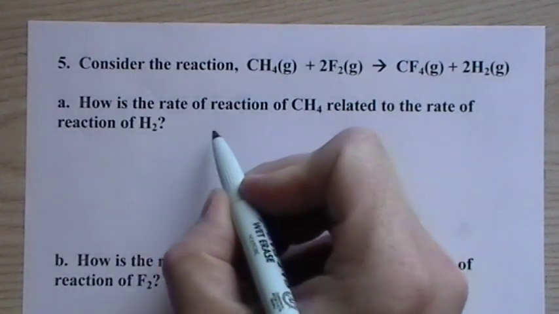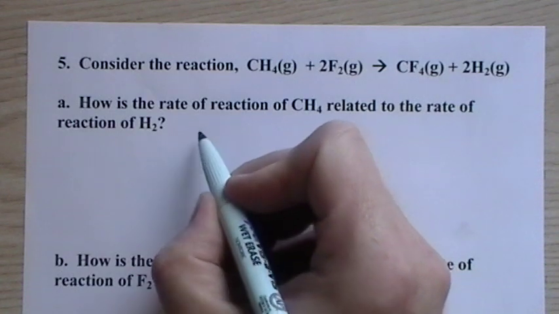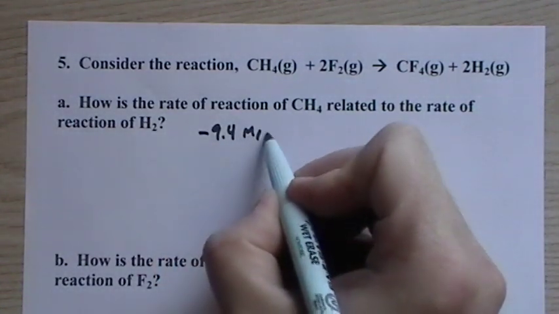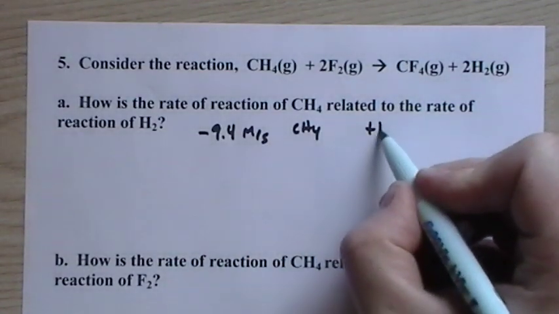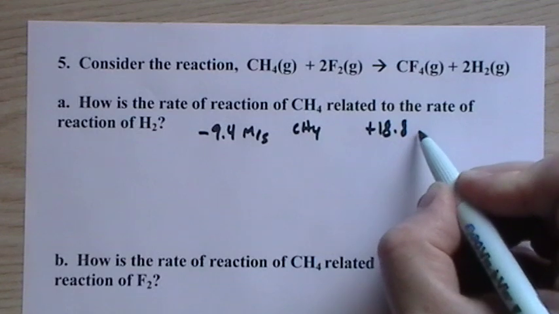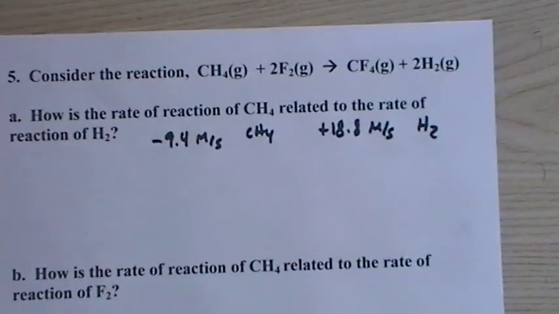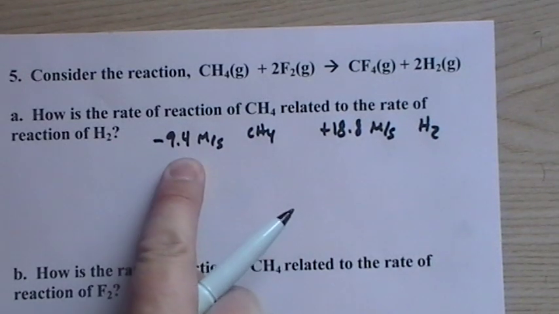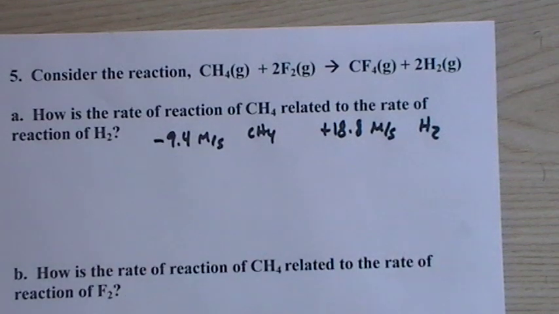We found for the rate of reaction of methane from 0 to 0.4 seconds was minus 9.4 molar per second. For hydrogen, it was plus 18.8 molar per second. So we can see from the data that methane is 1/2 the rate of hydrogen, and also a negative value.